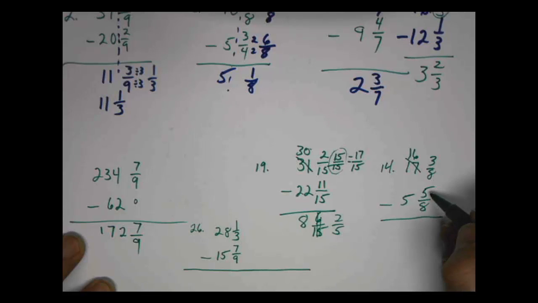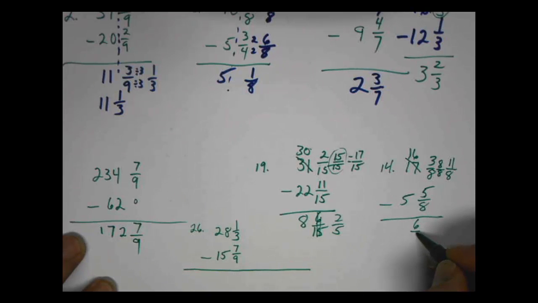I'm in base what? 8, correct? So I'm borrowing 8 eighths, that's the 1. I had 3, which gives me 11 eighths. I can take 5 from 11 now because I regrouped or borrowed. I have 6 eighths. 5 from 16 is 11, but as you can see, I do need to reduce this down to 3/4.